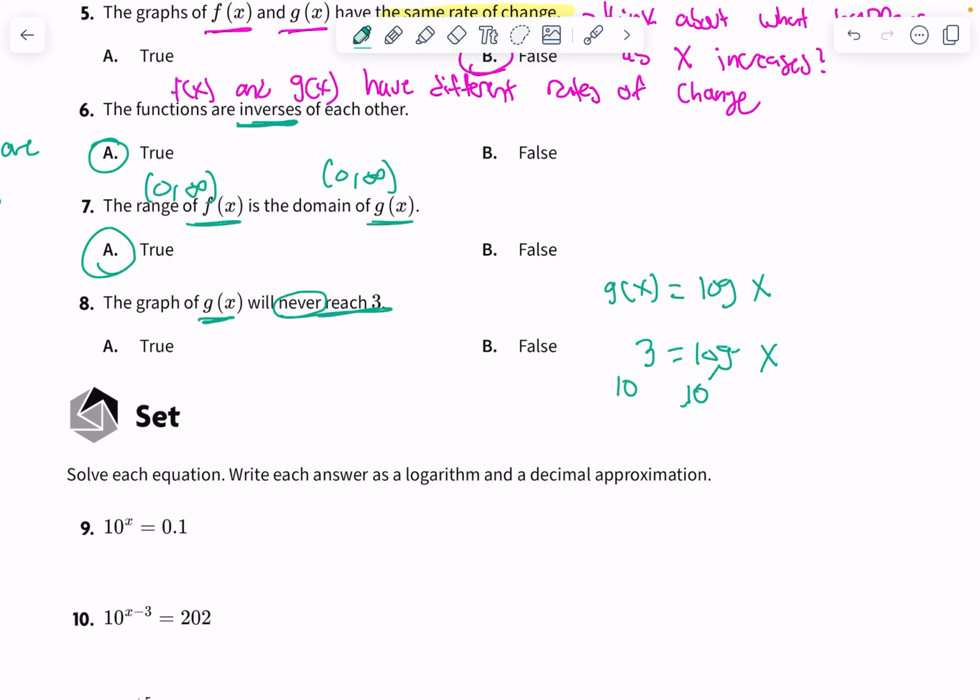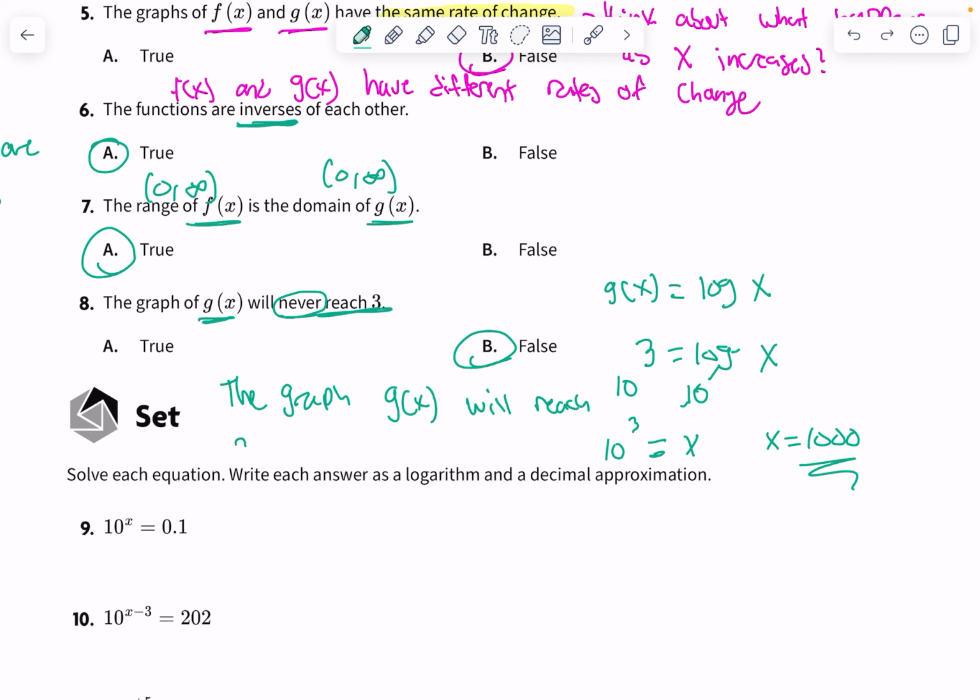This gets rid of this. So 10 cubed is equal to x. So I get that x is equal to 1000. Okay, so this is false, right? The graph of g of x will reach 3.